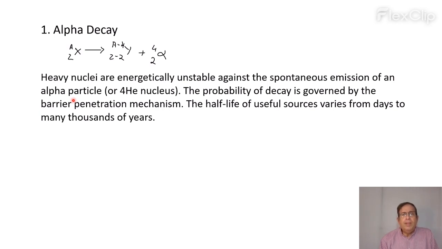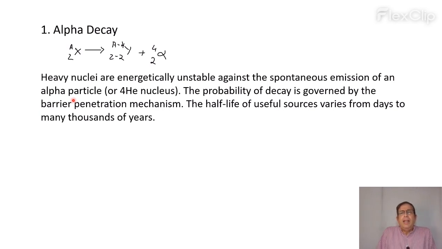And what happens is that the alpha particle comes out through the nuclear barrier, and the probability of decay is governed by the height of the barrier and the energy of the alpha particle. So the half-life of useful sources can vary from days to many thousands of years, depending upon the barrier and the energy of the alpha particle.